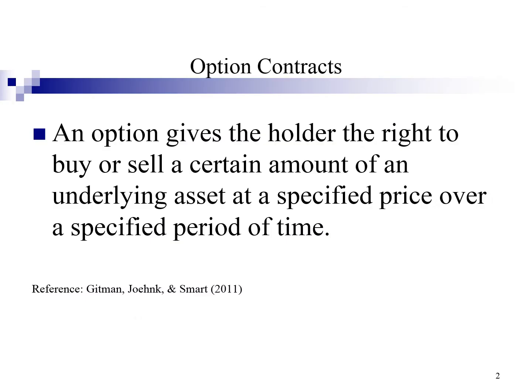What is an option? An option gives the holder the right to buy or sell a certain amount of an underlying asset at a specified price over a specified period of time. An option is a unique type of financial contract because it gives the buyer the right, but not the obligation, to do something.